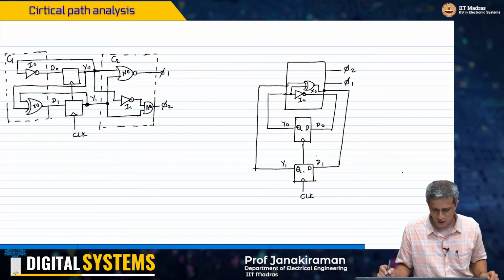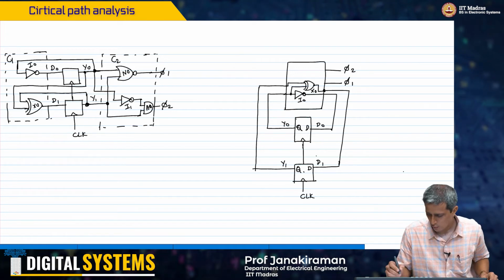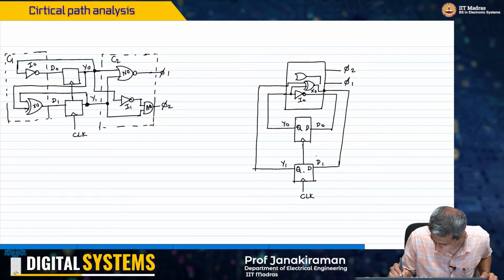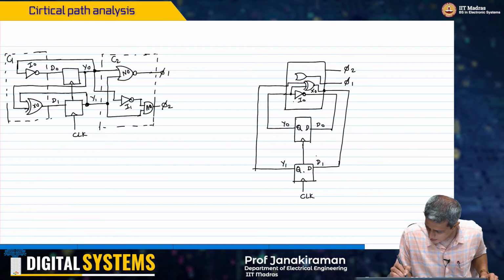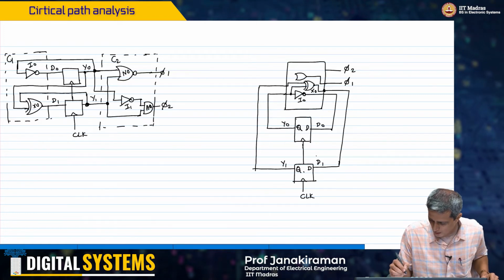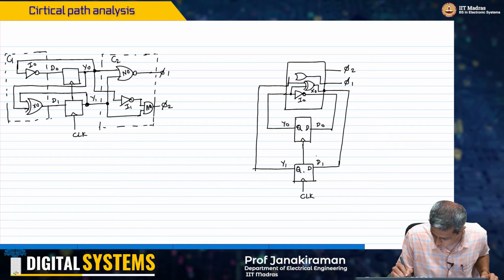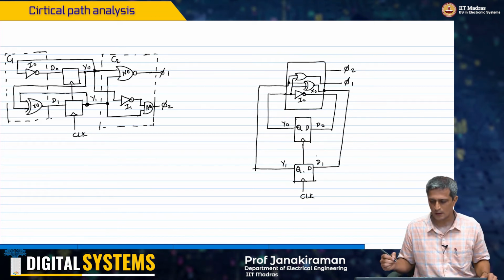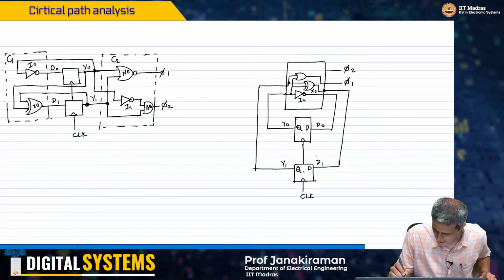Now in order to get phi 1, I need to put a NOR gate between y0 and y1. So this is my N0.